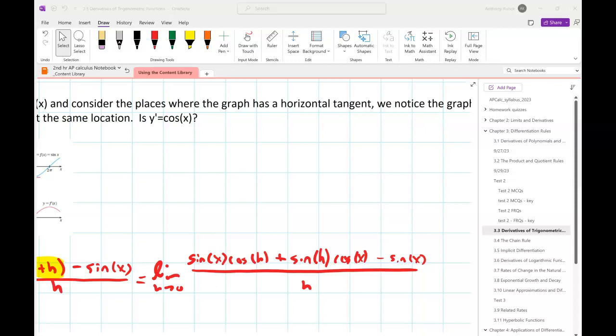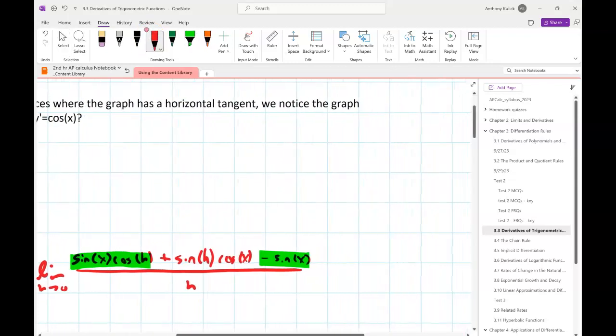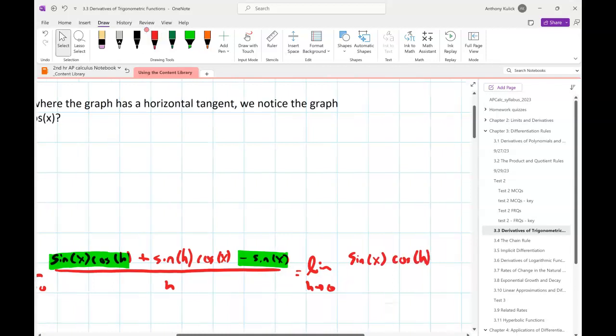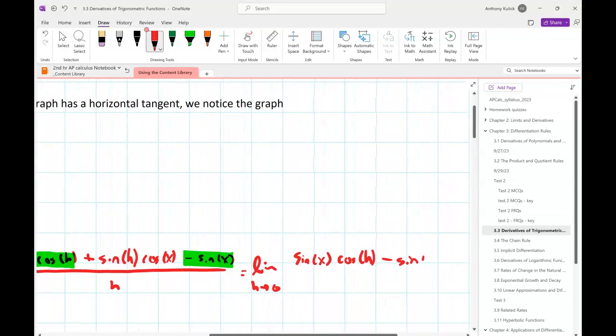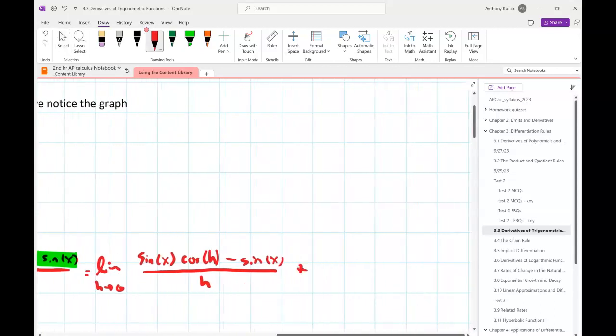Well, this is what I would do. Notice that this term and this term both have a sine x in it, right? So what I think I would do is break this into two fractions, where one fraction has the sine x's in it and the other fraction has the cosine x in it.